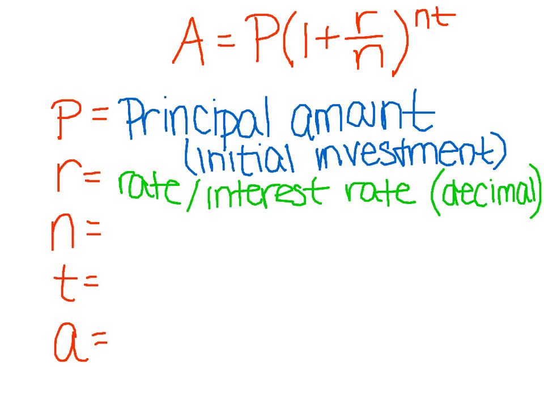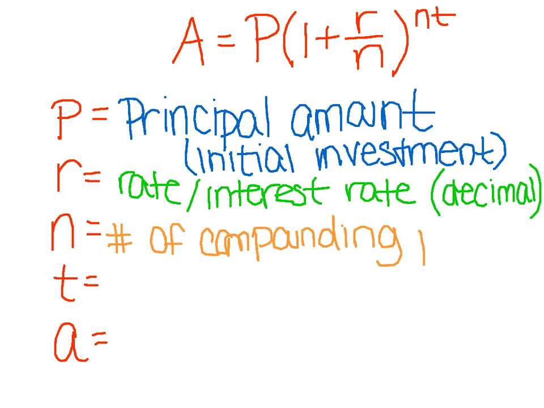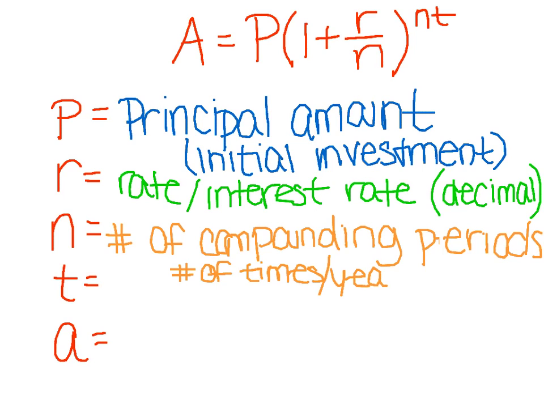Next we have N. N is our new vocabulary. It represents the number of compounding periods. It is the number of times per year that we are getting an interest. Number of times per year being compounded.